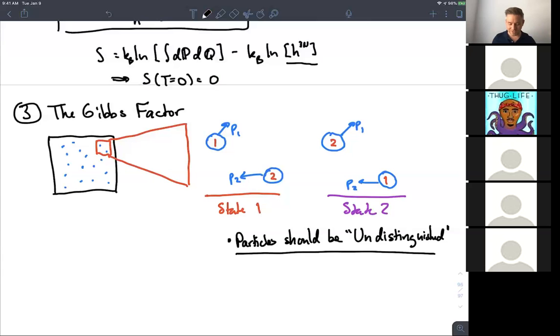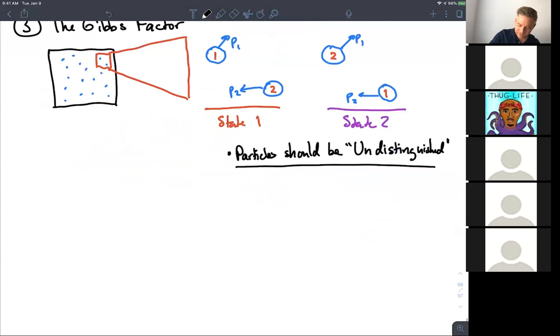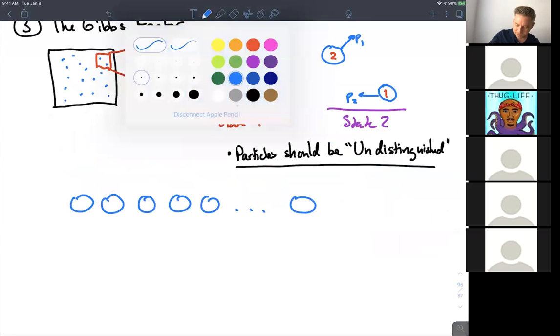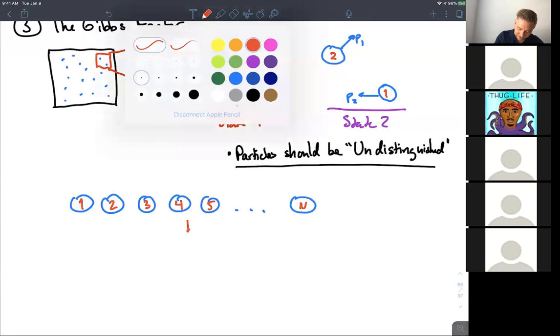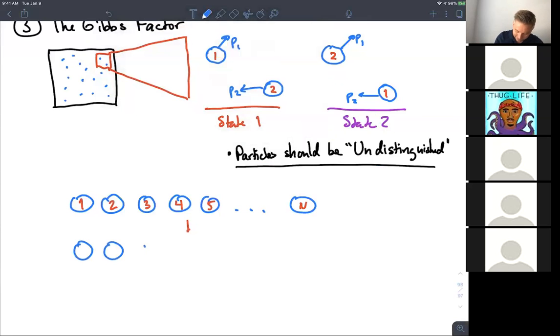Okay, so now what does this do? In other words, what we have is a bunch of balls which in principle have labels on them telling us which ball is which. But what we want to do is essentially divide out the number of possible ways that we're able to permute the labels on these balls. So we want this to be the same thing as, for example, this.